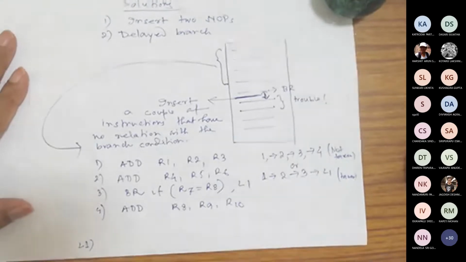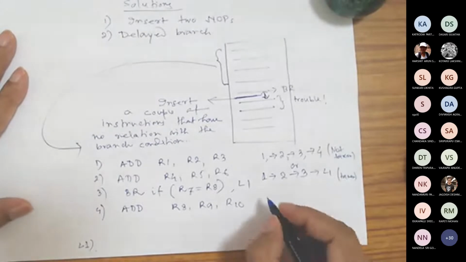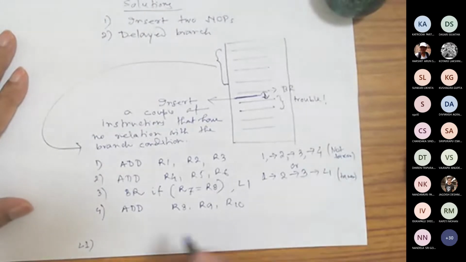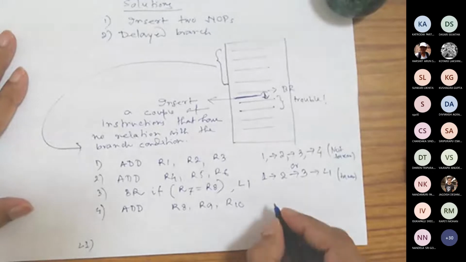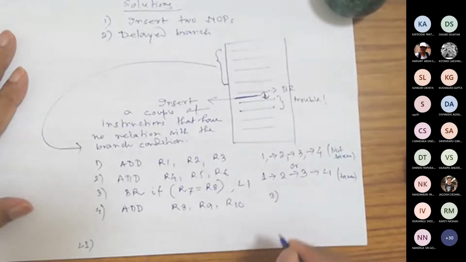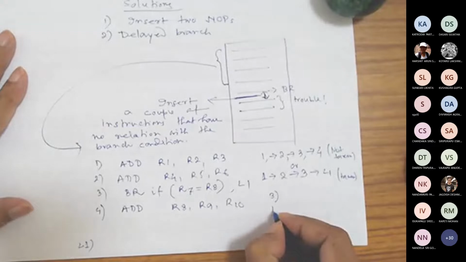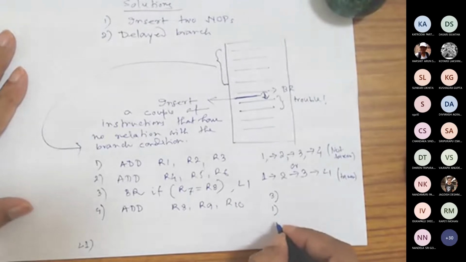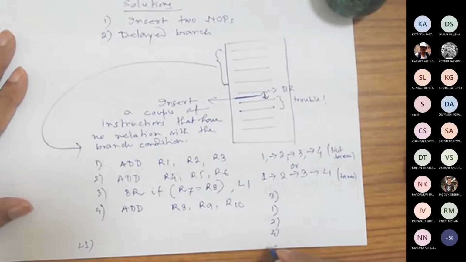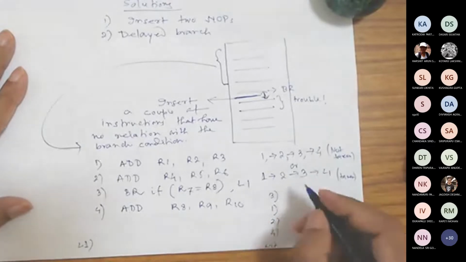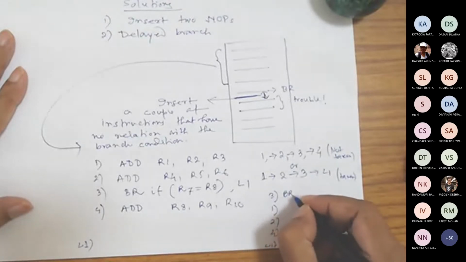Now, if I change it slightly, I'll make the order like this: 3, then 1, then 2, then 4, and then L1. What is the problem? So this becomes my branch.